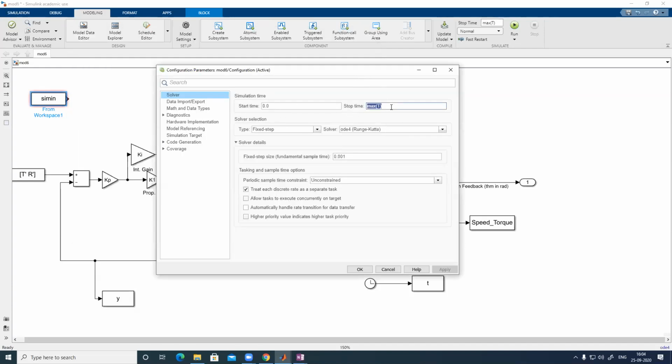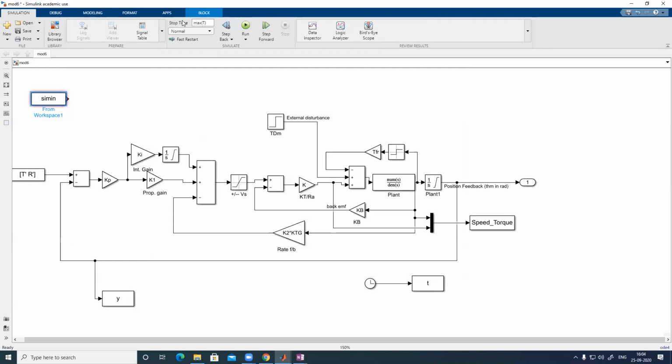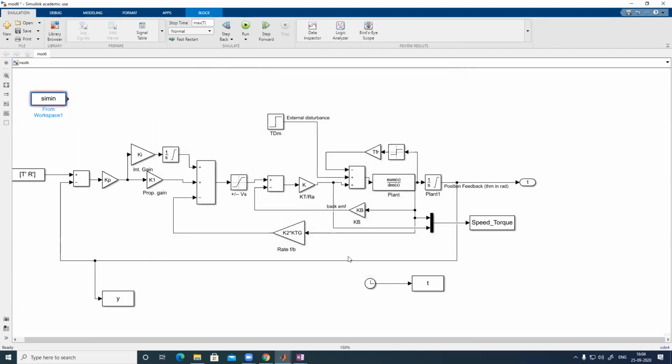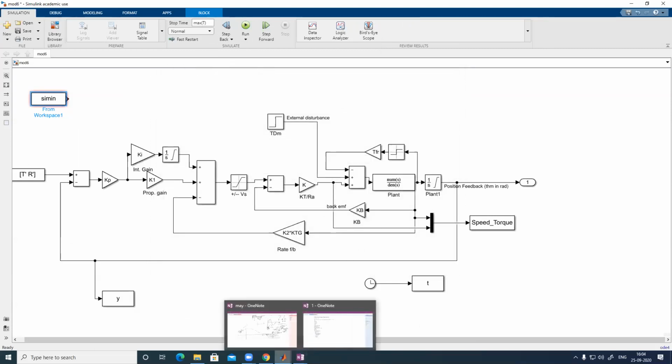This one is stop time. Okay, now it is visible. Fixed step size is 0.00. This is where you can take it. If you are not getting it in simulation, you can take it from model configuration parameter and set it like this. Fine? Yes, sir.